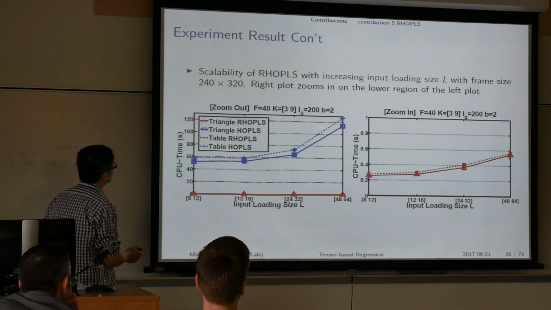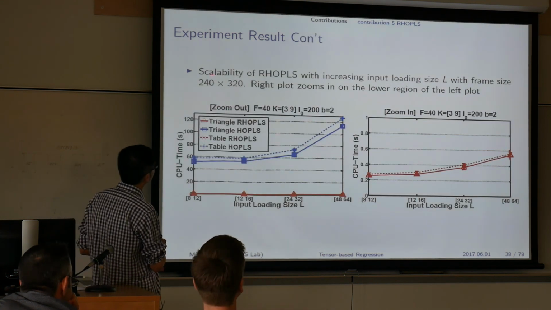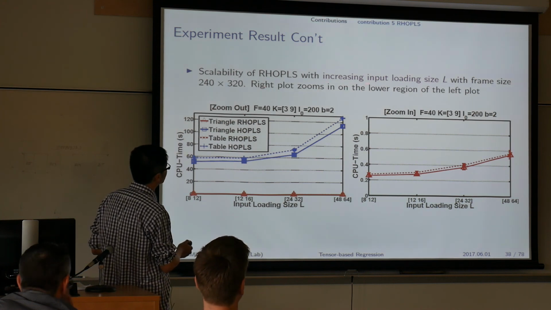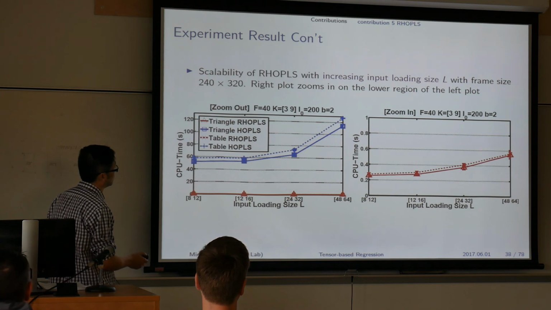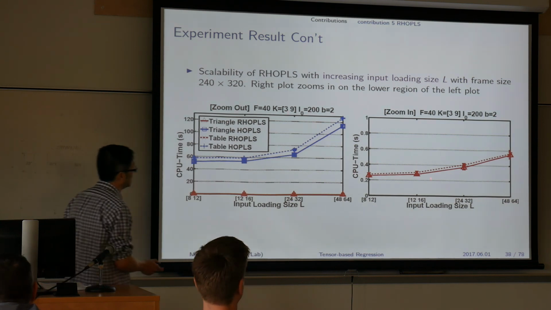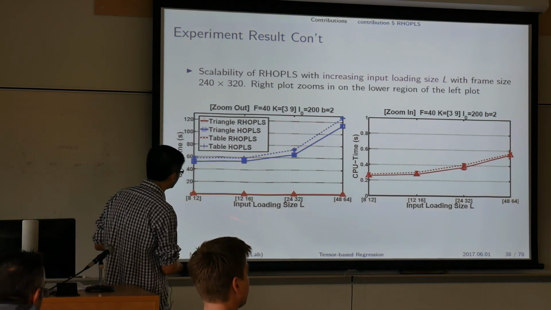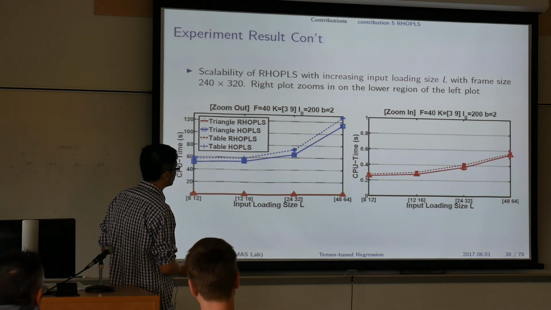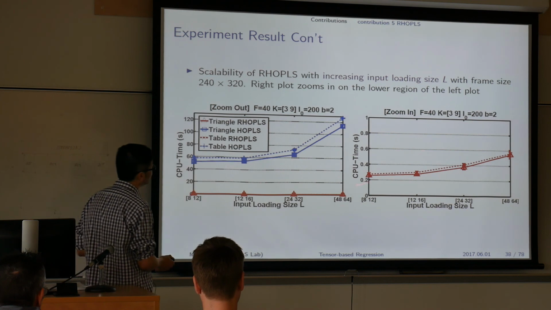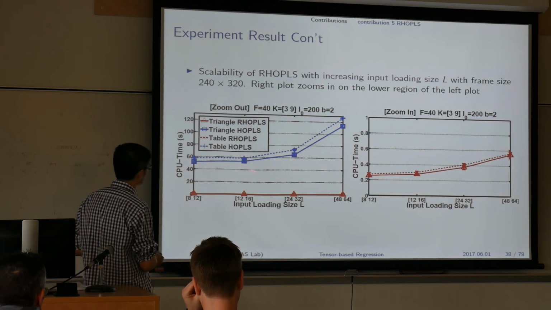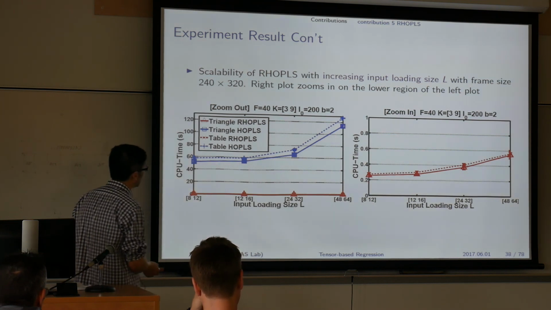And here are two figures showing the scalability of our RHOPRS with increasing input loading size. You can see the right figure zooms in on the lower region of the left figure, showing that our RHOPRS is less sensitive to the increasing loading size compared to HOPRS.